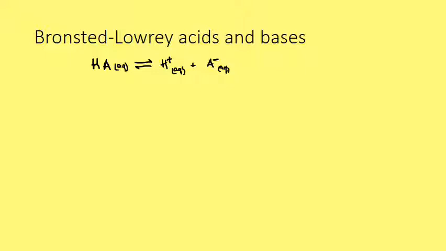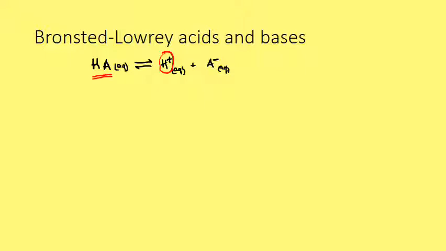The conjugate base has taken the hydrogen's electron to leave it with a negative charge, and the hydrogen atom without that electron is a hydrogen ion or a proton. And so the acid is actually this part of the equation. This is the acid, and what it has done in this dissociation is donate the proton, and that's what makes it an acid according to Bronsted-Lowry.